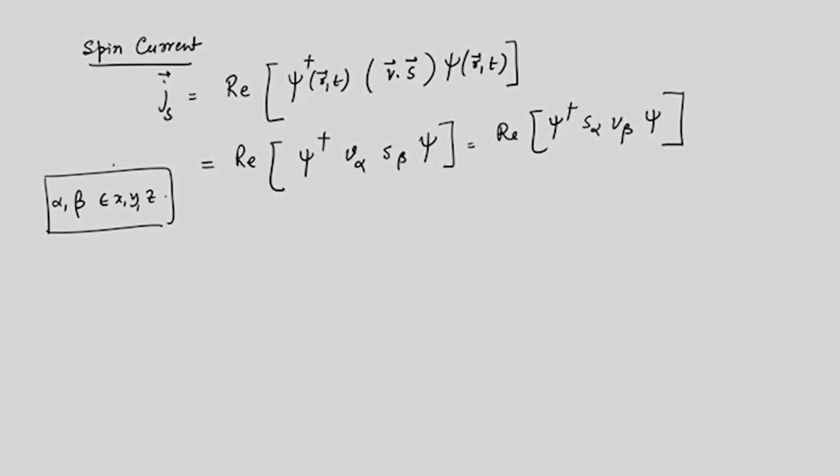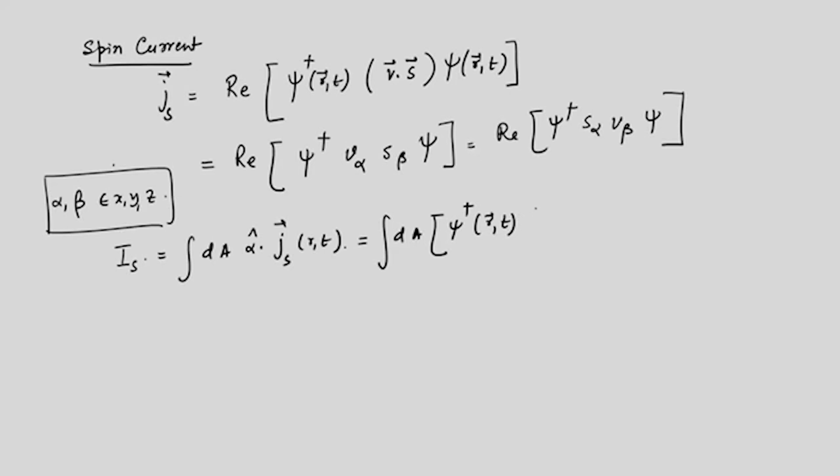So, this is the current density. This spin current density is written as this, and one can write down the spin current, which is equal to say dA, where A is some area over which this current is being considered, and then Js R T. So, J is also a function of R and T, which we can write as dA and then psi dagger R T, and so we can write half of V dot S plus S dot V, and this comes from the step above.